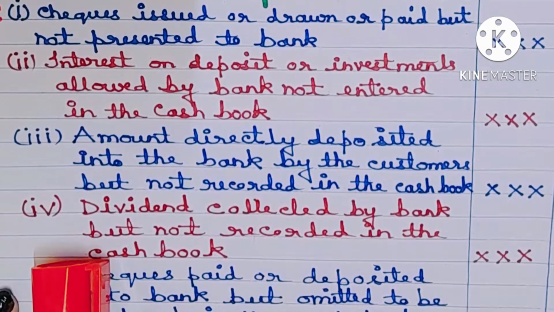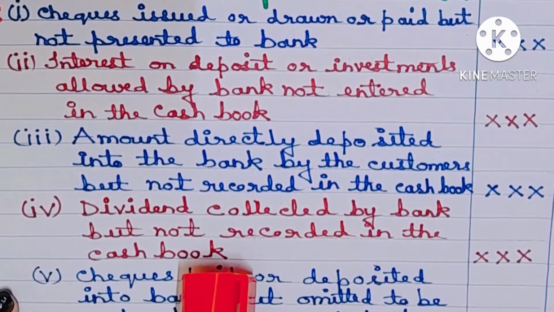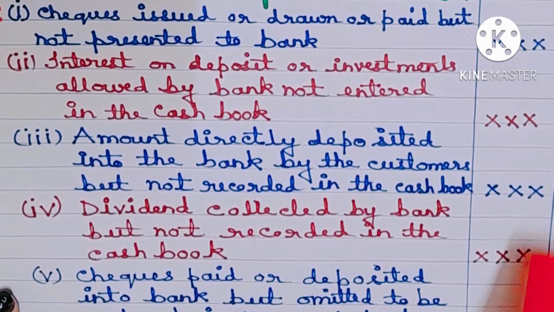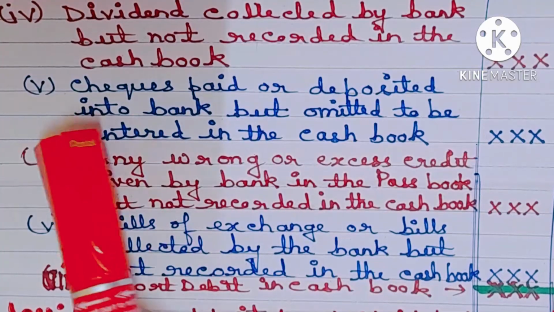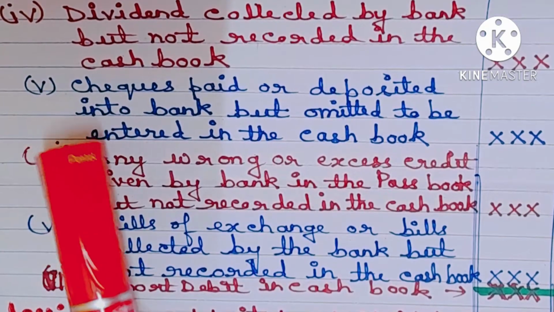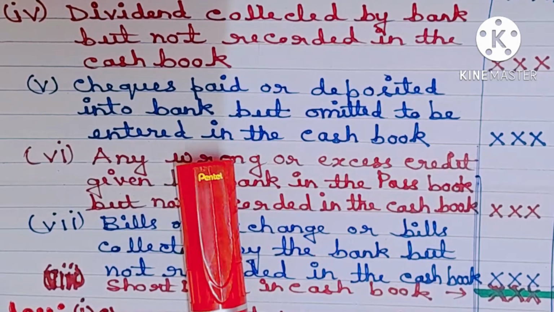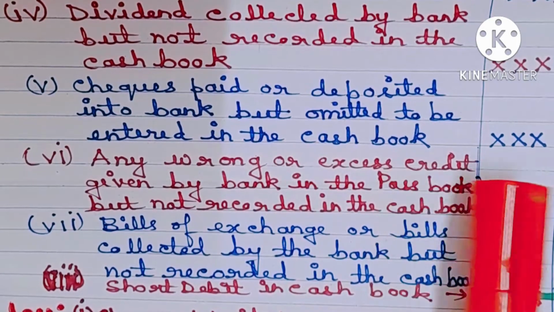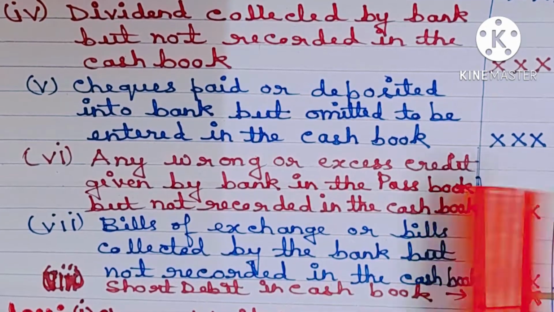Number 4. Add dividend collected by bank but not recorded in the cash book. The amount will be written in the inner column. Number 5. Add checks paid or deposited into bank but omitted to be entered in the cash book. Number 6.